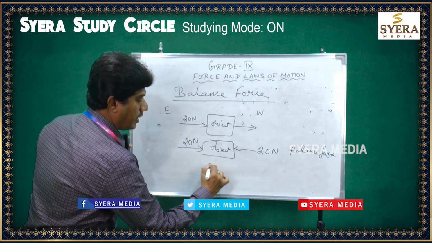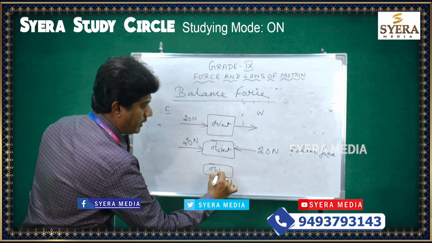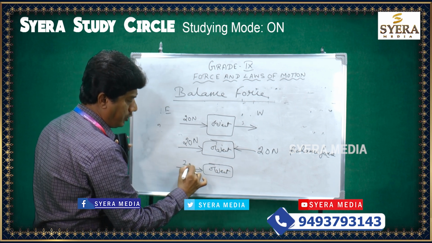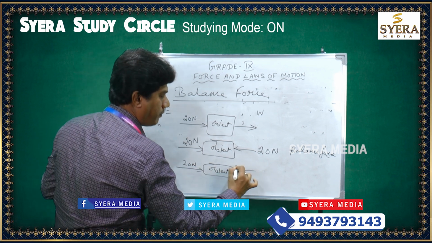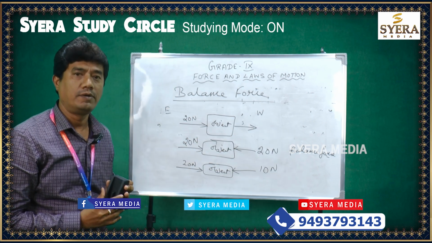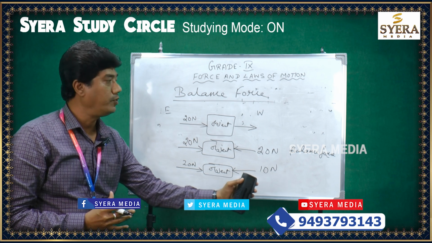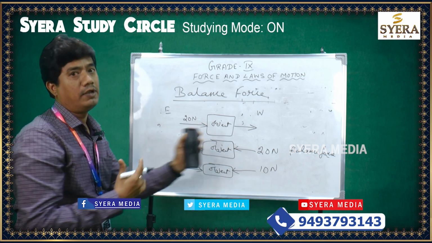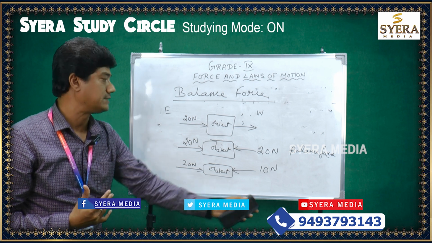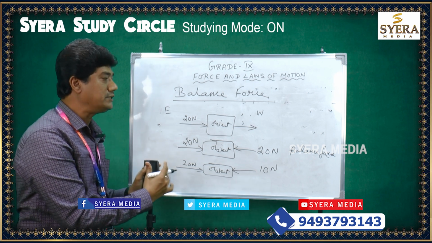In another example, suppose I am applying 20 Newton here, and here I am applying 10 Newton. Now what will happen? Will the object move east or towards the west? Yes, the object moves towards the west.